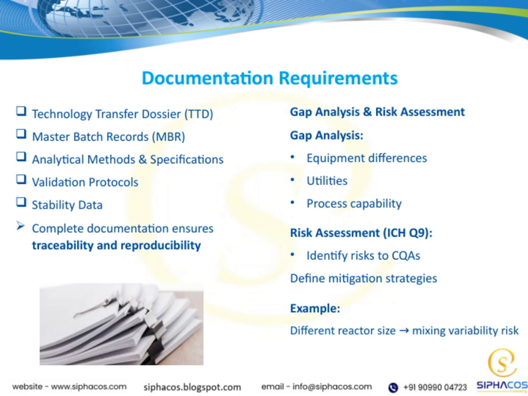Once we spot these risks, we then define strategies to mitigate them, helping us ensure product quality and patient safety. For example, if we use different reactor sizes, that could introduce variability in mixing, which might affect the final product. Recognizing that risk allows us to implement controls to keep everything within acceptable limits.